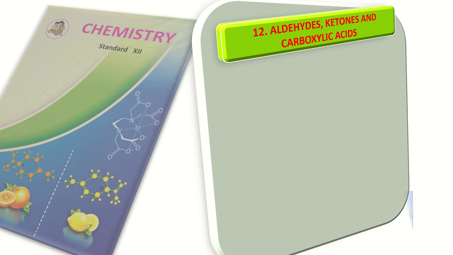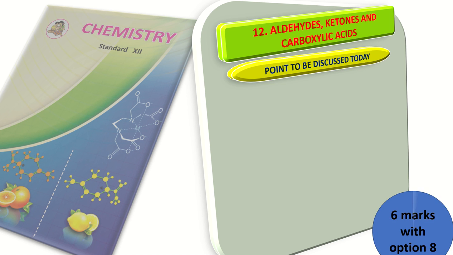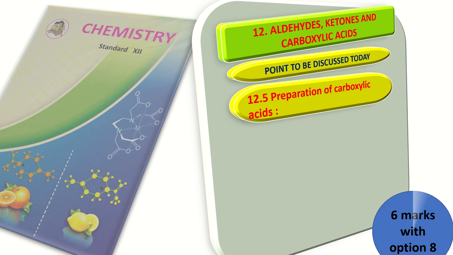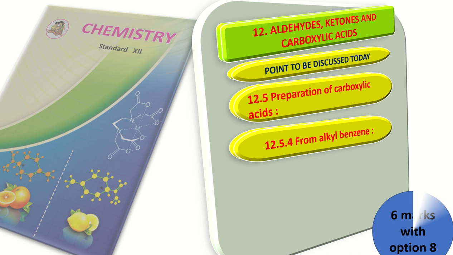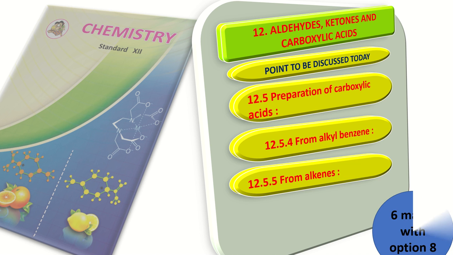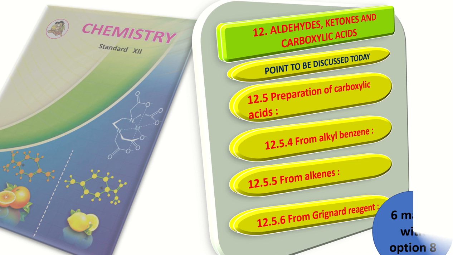Today's points to be discussed are the preparation of carboxylic acids from alkyl benzene, from alkenes, and lastly from Grignard reagent.